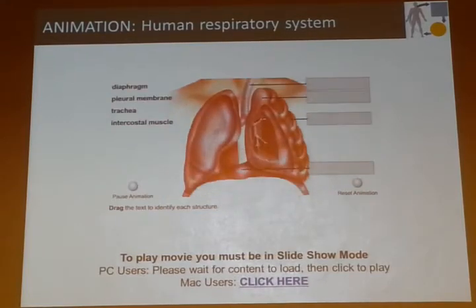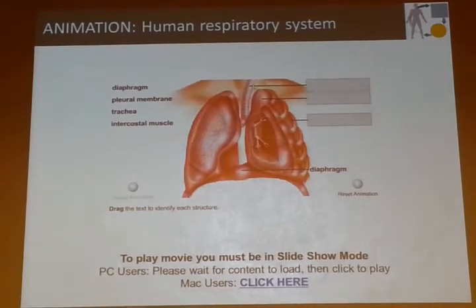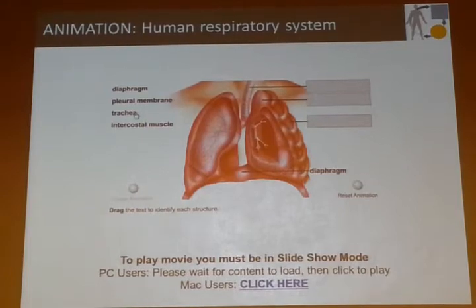Drag the text to identify each structure. Diaphragm. And you've got trachea. Do the easy ones first. Pleural membrane.